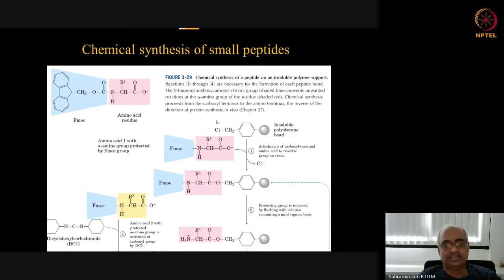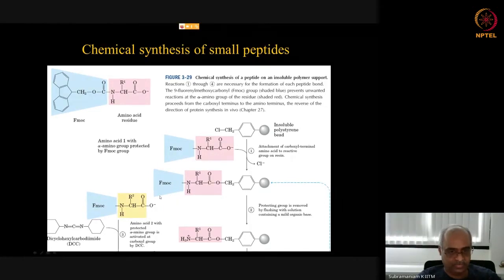Now this carboxyl group is first attached to this matrix, this intermediate molecule, where this chlorine-carbon bond very readily reacts with the carboxyl group to form the first link. So this chlorinated methyl group is the reactive group, and it reacts with the carboxyl group to form this bond. Once this is done, to add the next amino acid, you need to deprotect.